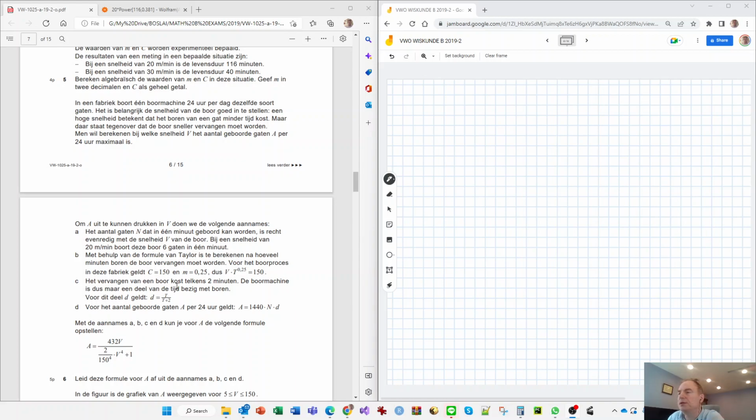Every time you need to replace the drill head, it will take 2 minutes. That means that the drill is not always working, but just a part of the time, d. And d is t divided by t plus 2. It's kind of a duty cycle. That's probably why they call it d.